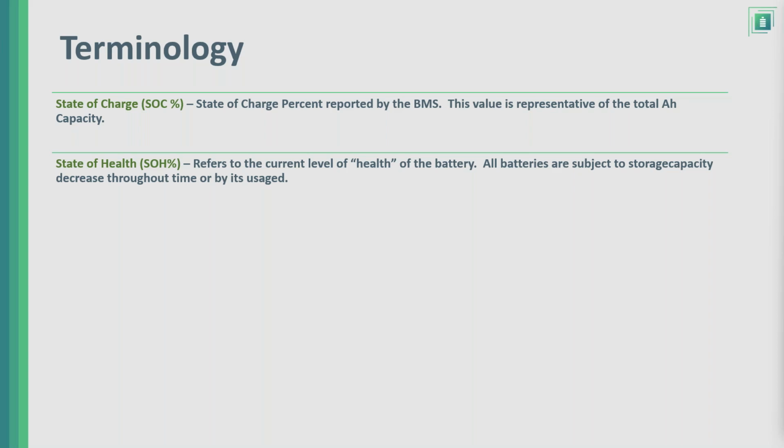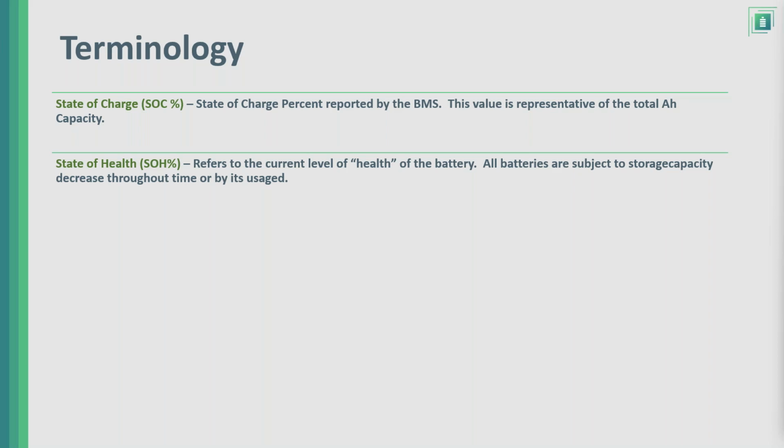The BMS is able to understand the way the battery is being charged or discharged, and how efficient this charging process has become, or the lack of efficiency, which determines that the battery is failing in terms of health. And at some point throughout the years, the battery will come to a point where it's not good anymore.